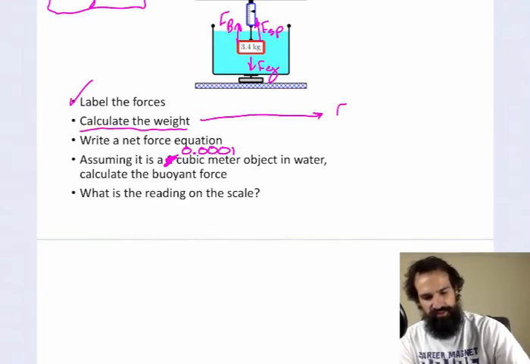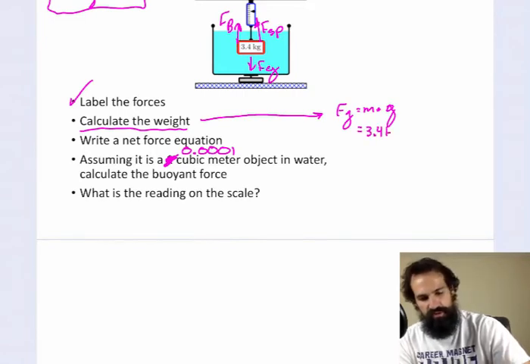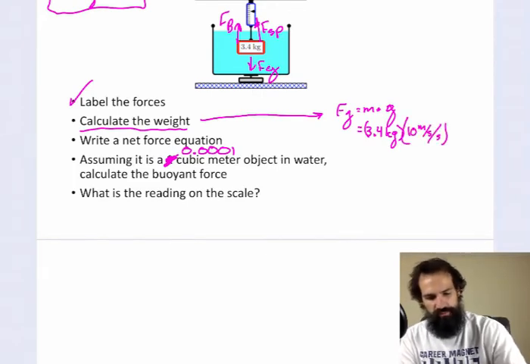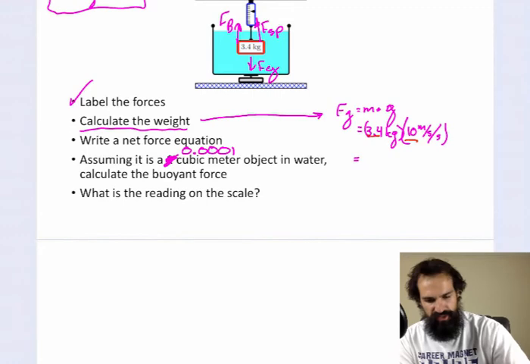And for that, I'm going to use the weight equation. Fg equals m times g. We know the mass is 3.4 kilograms. And we know gravity on Earth is 10 meters per second per second. And we're going to take the numbers, 3.4 times 10, and we're going to get 34.